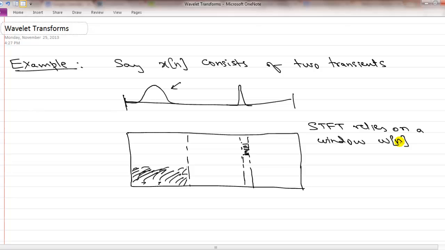For example, if the length of your window was large, then you will have some leakage around the time.